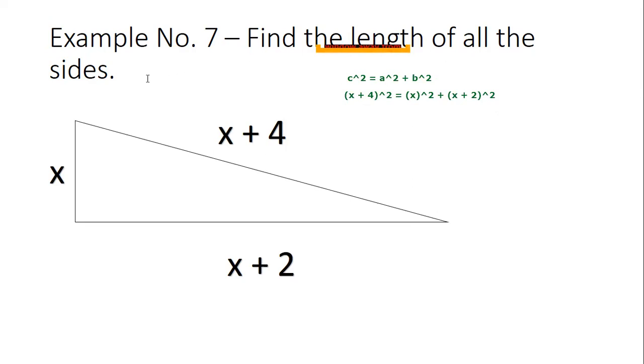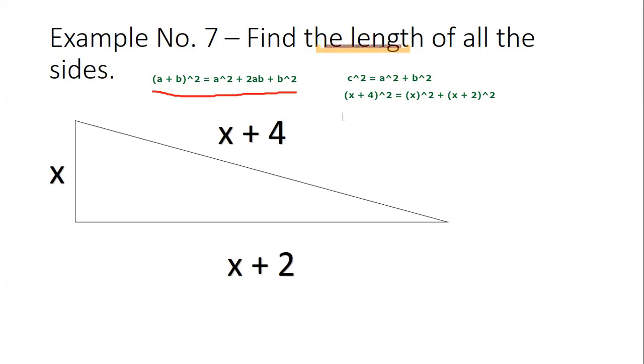We all know in algebra that a plus b squared is equal to a squared plus 2ab plus b squared, without using the FOIL method.